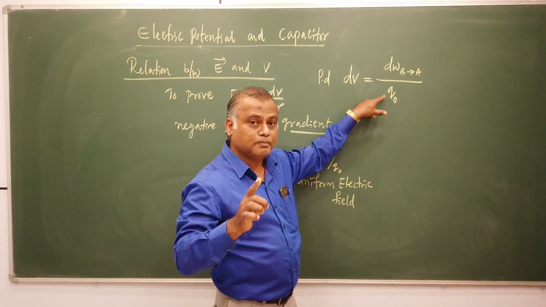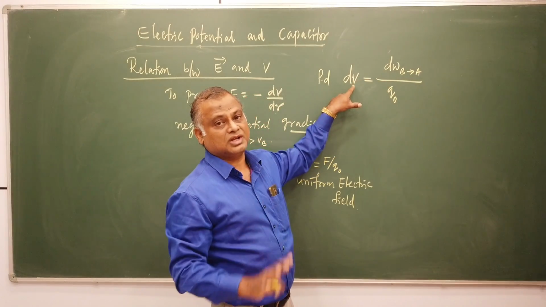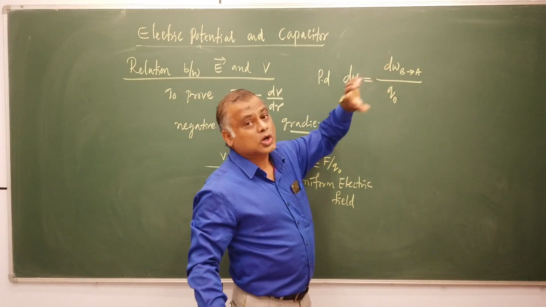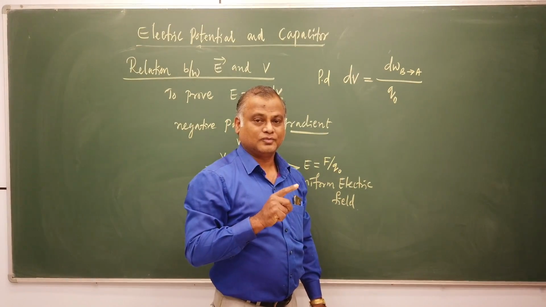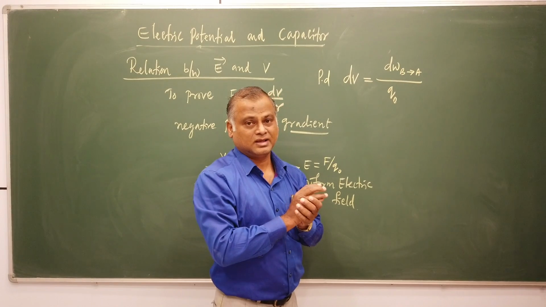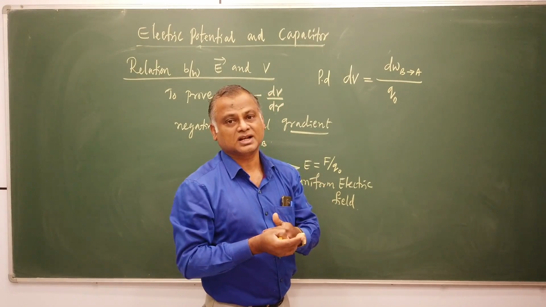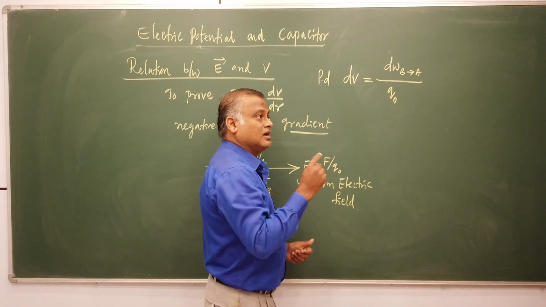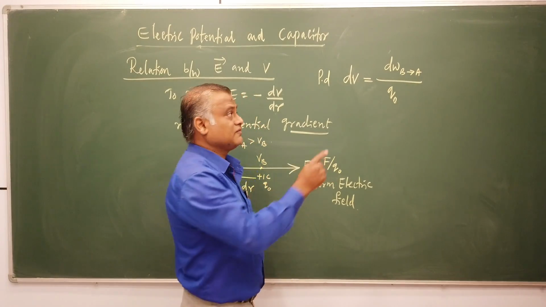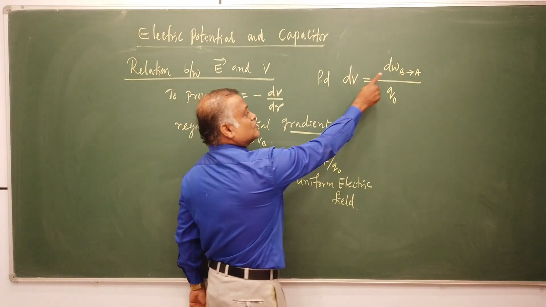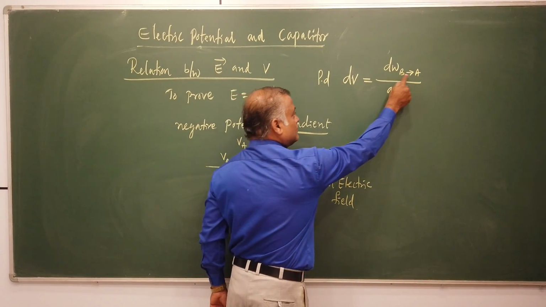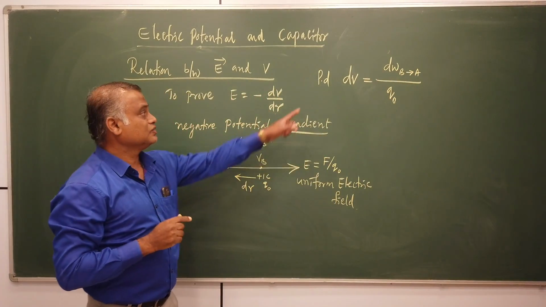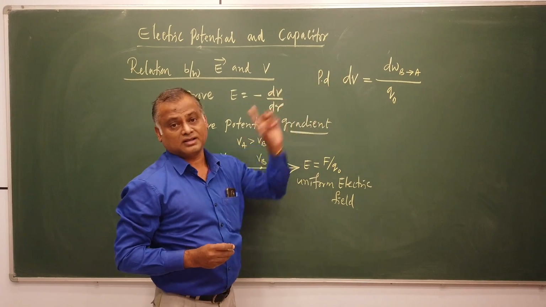Work done per charge gives potential. And the total work done is stored as potential energy. We shall calculate the potential energy and the work done in the next coming classes. For defining potential, you must say work done per unit charge in bringing it from one point to another point is known as a potential difference.